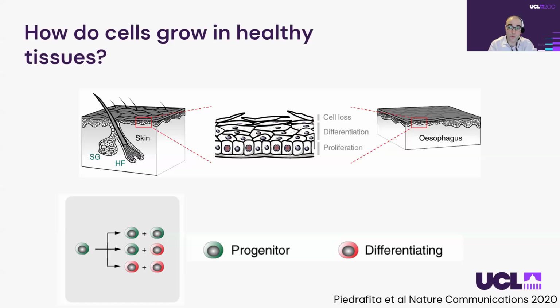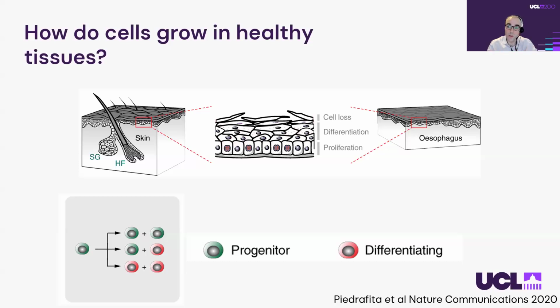And a simple model for understanding this is the single progenitor model indicated at the bottom, where one population of dividing cells divides stochastically, either symmetrically or asymmetrically. When it divides symmetrically, a dividing cell can generate two more dividing cells, or generate two differentiating cells, or it can divide asymmetrically to give one of each.